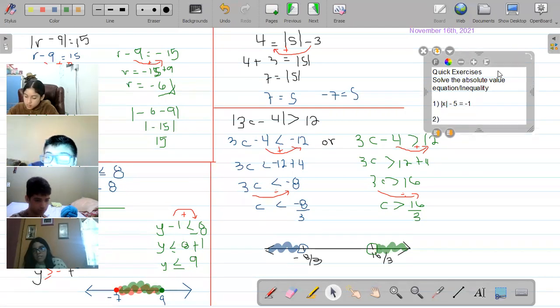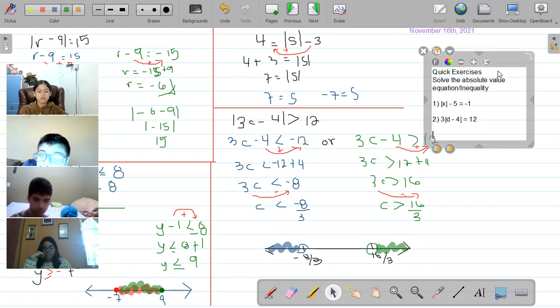The second one would be 3 times the absolute value of d minus 4, close the absolute value, equals 12. Number 3 will be an inequality.